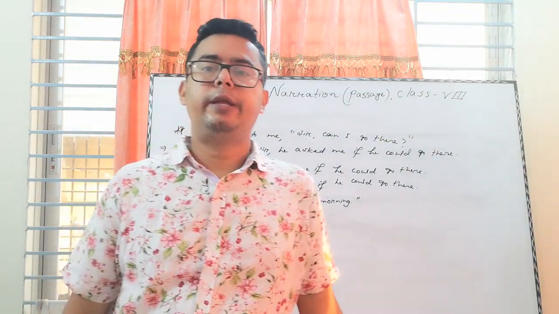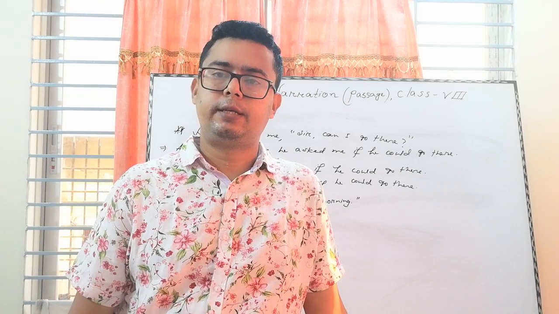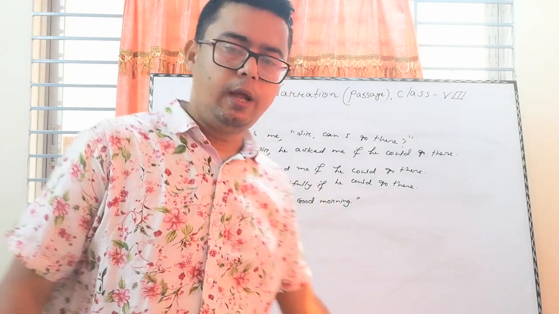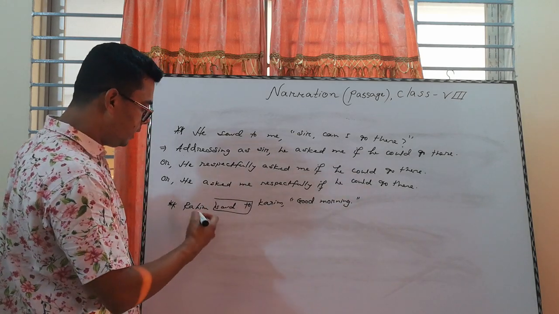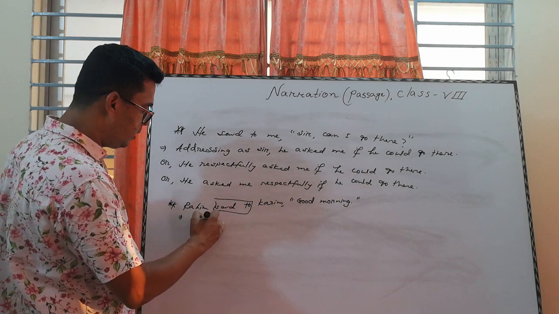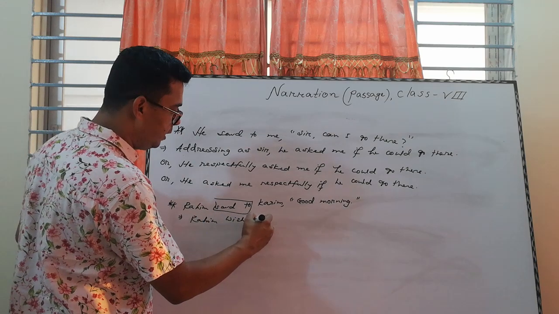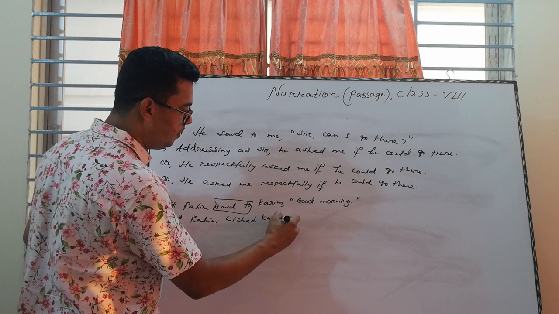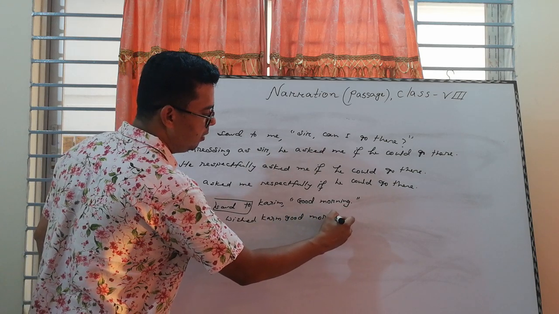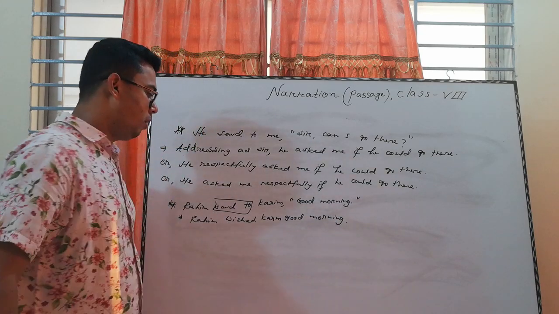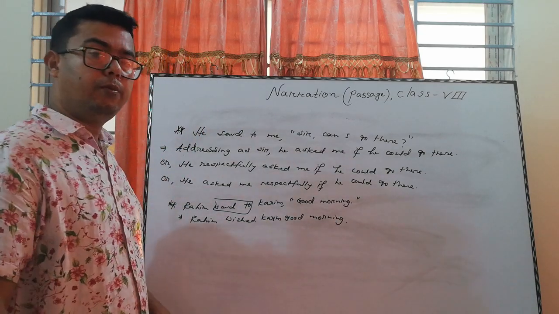So if it is good morning, then the reporting verb should be converted to wished. So instead of said, you have to write down here: Rahim wished Karim good morning.